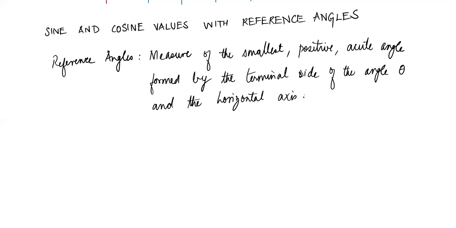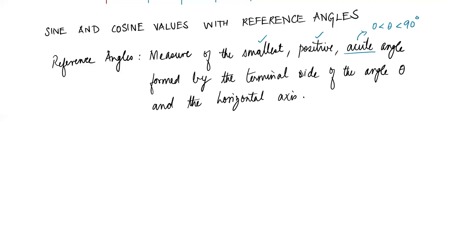So let's take a look at what it means. Smallest, we understand smallest. Positive, also we understand positive. Acute, not angles that are cute, although they do look cute. These are angles that lie between 0 and 90 degrees. So these are angles that are small, positive, and they must be acute, so they should lie within the first quadrant technically.